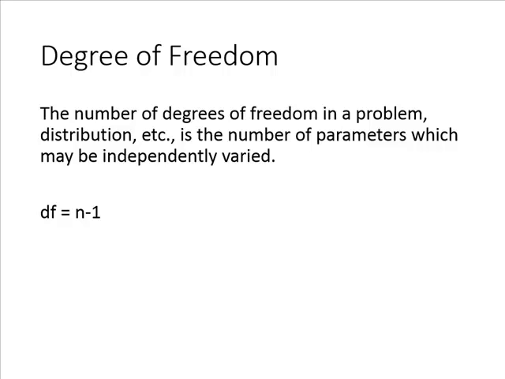It delves into sampling theory and probability, and it gets really weird, so don't worry about it. But just understand that there's this idea out there known as a degree of freedom, and it's simply n minus 1. That's going to be important to us because, again, we are going to be dealing with data sets that have small numbers of observations.